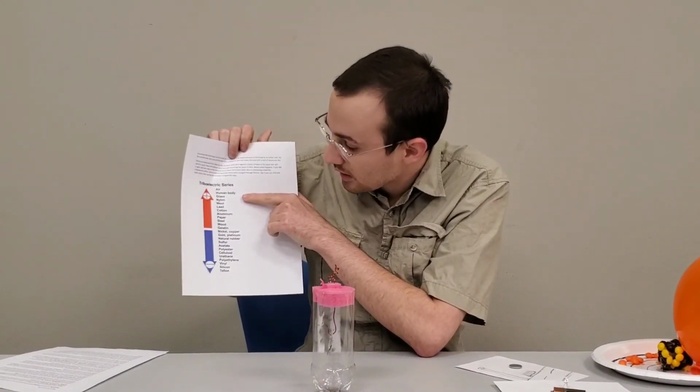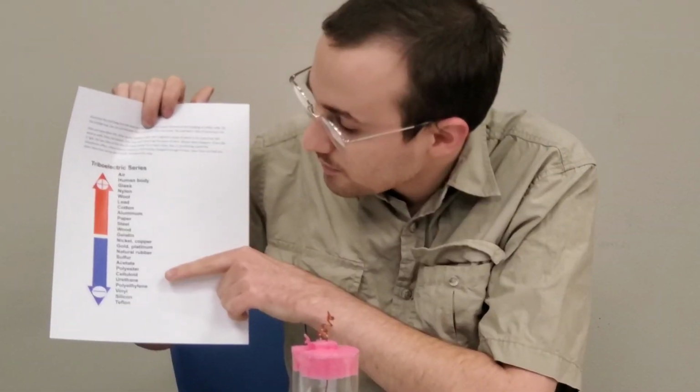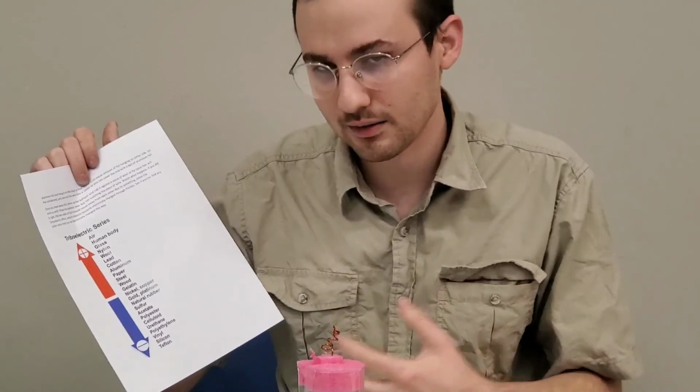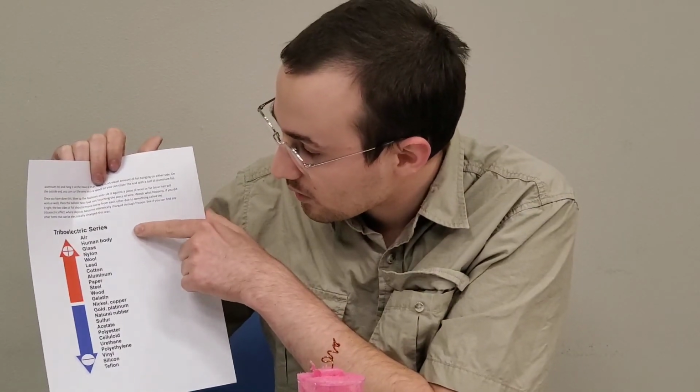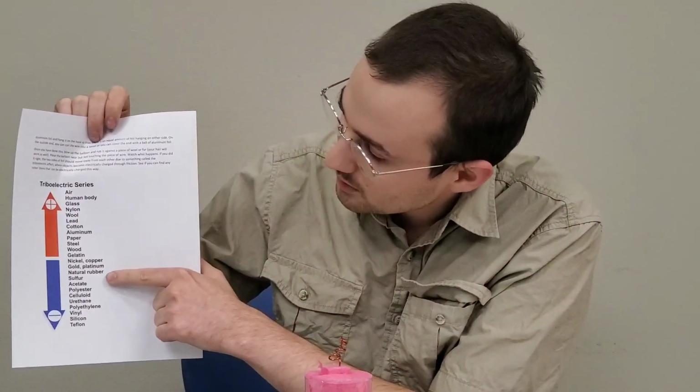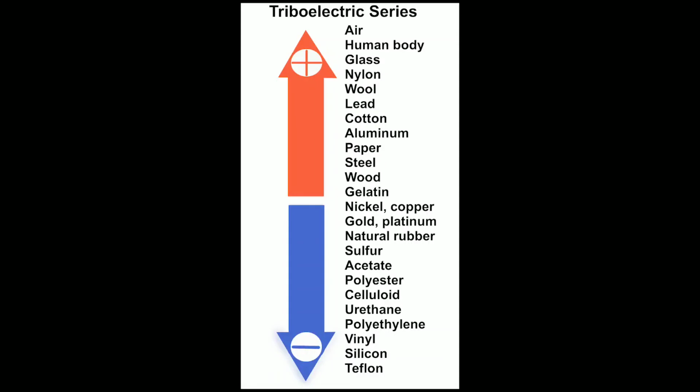So for instance, you could take a piece of glass and a piece of polyethylene, which is a type of plastic, and rub them together and get a lot of static electricity compared to us when we just rubbed hair against rubber, natural rubber, which is right here in the middle of the list.